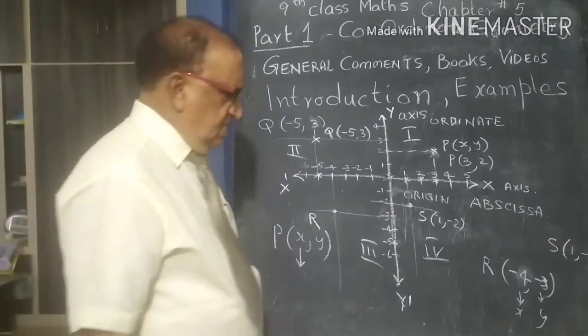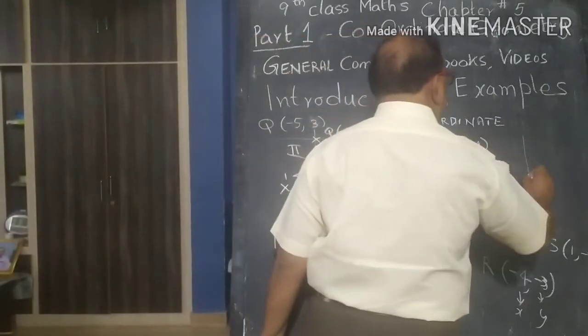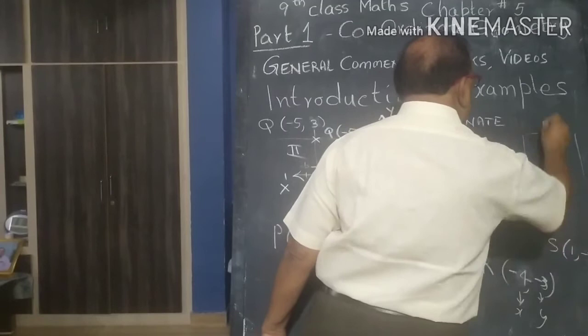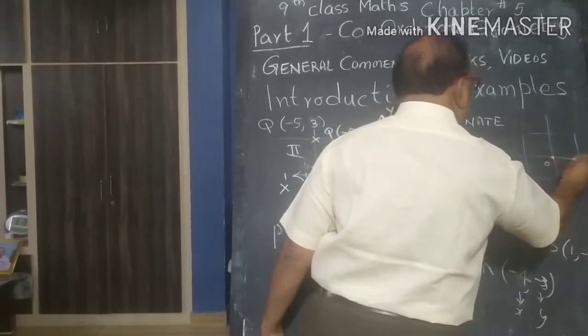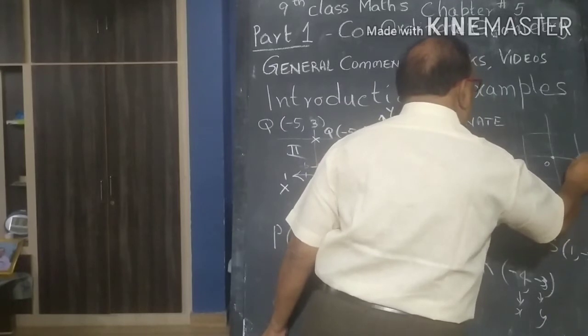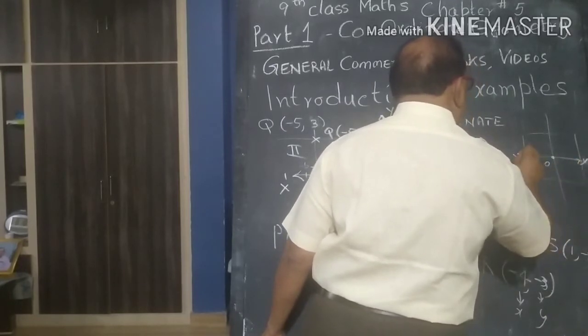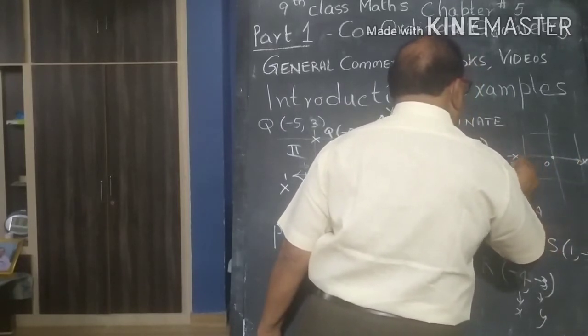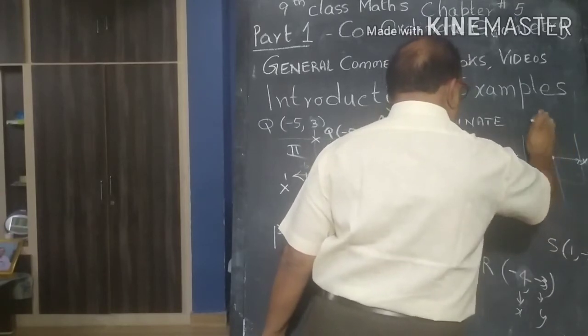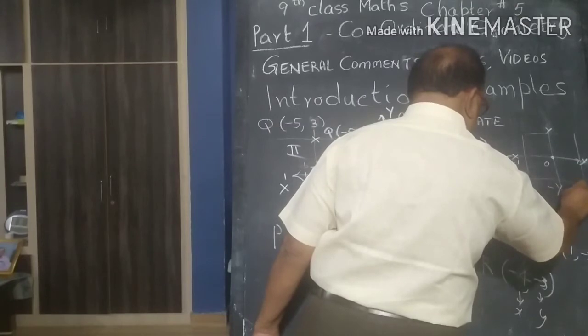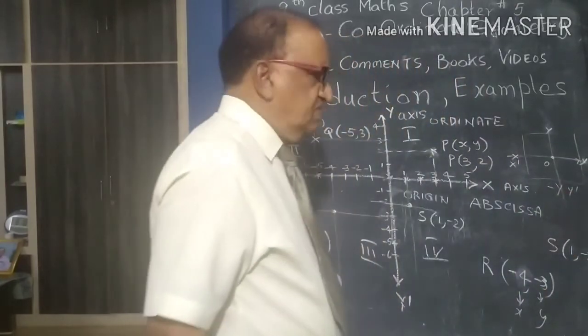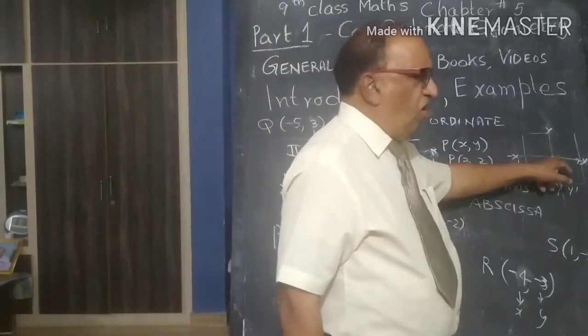You take a standard 8.5 by 11 graph paper, then divide it into 4 parts and mark this as the origin. On this side you have the x-axis, this is minus x, or sometimes x dash. This is y, or this is minus y, or y dash. Okay? And this one is the origin.